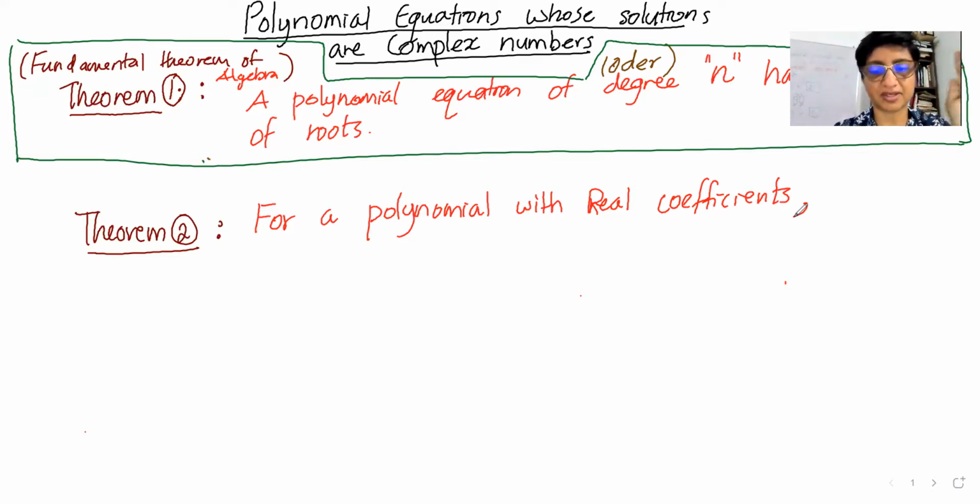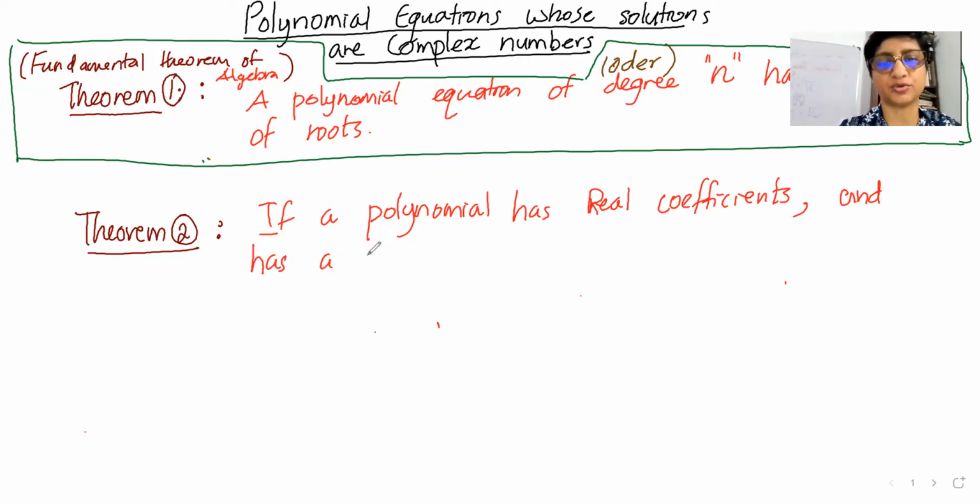Wait, don't write. I'm going to change this a bit. Let me get it right, and then you can copy it. Let me say if a polynomial has real coefficients. Let me change. I'm very sorry. I think you must have already written, but don't write still. Let me finish it first. If a polynomial has real coefficients and has a complex root or a complex solution, are you comfortable with using the word root?